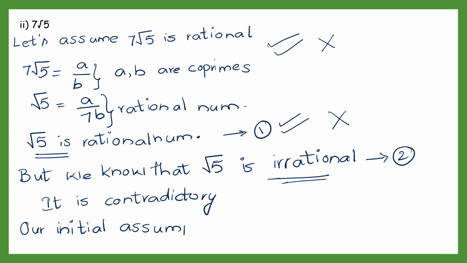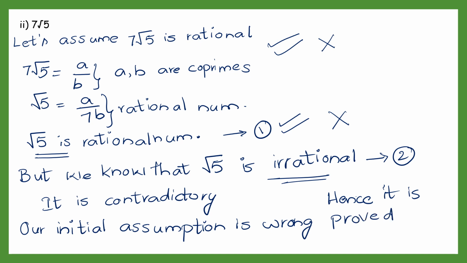Hence, it is proved that the initial assumption, 7 into root 5 is rational, is wrong. That means 7 into root 5 is irrational. Now we are able to prove that 7 into root 5 is an irrational number.